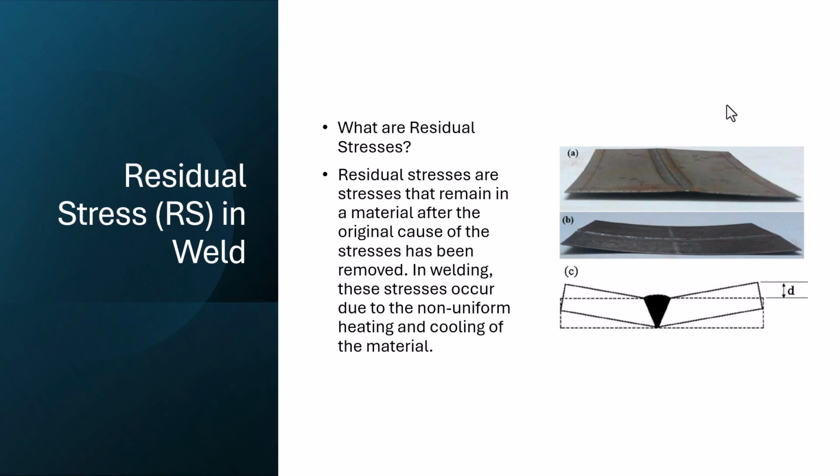These residual stresses can cause distortion in the materials, and they usually come from non-uniform heating and cooling in the material, because the welding process is very fast and rapid. The heating and cooling are non-uniform. It is not a steady process, so that causes residual stresses.